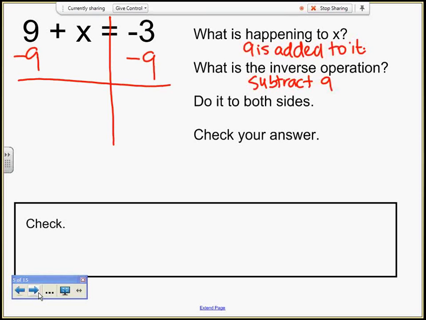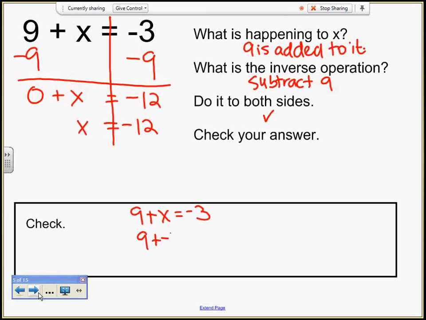Let's see what I end up with. I end up with 0 plus x is equal to, see, negative 3 plus negative 9 is negative 12. So x is equal to negative 12. Okay, so let's check my answer. I have 9 plus x equals negative 3, and I said that x was negative 12.